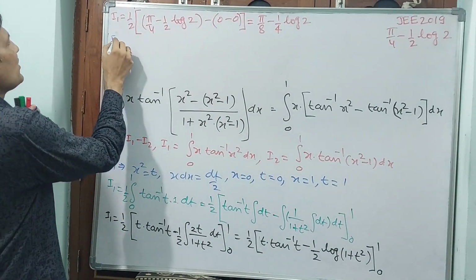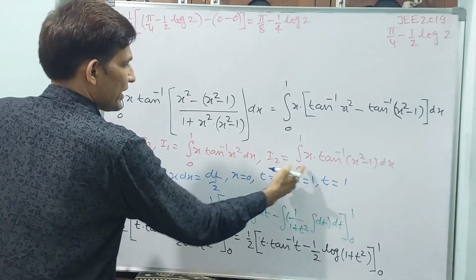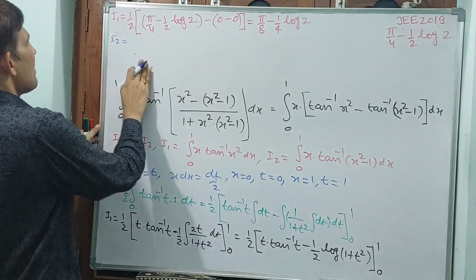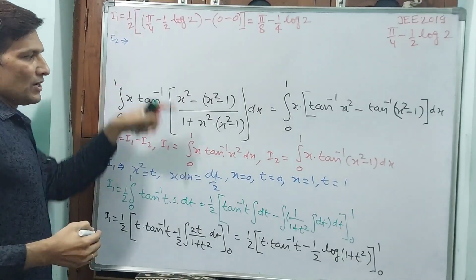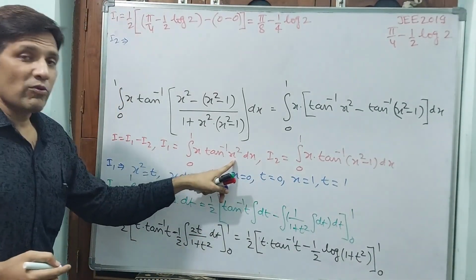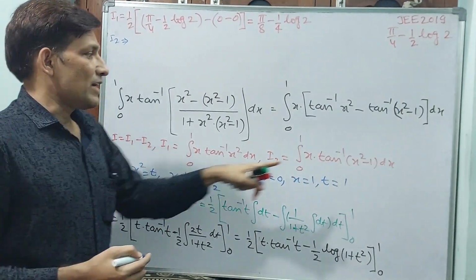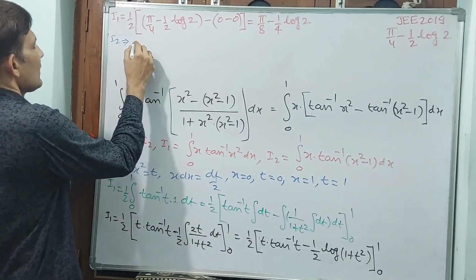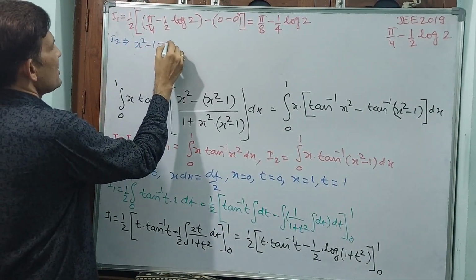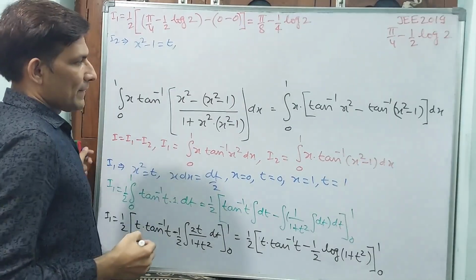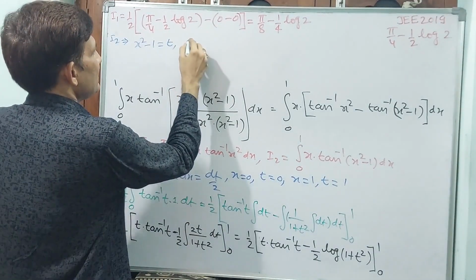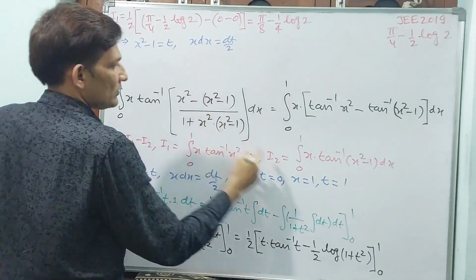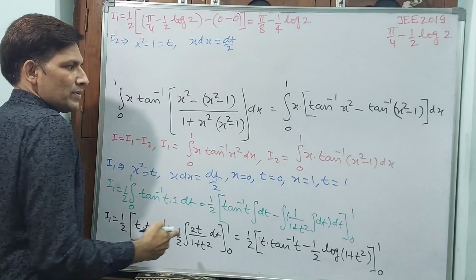Now we are going for I2. Write down I2, integral 0 to 1. See, for I1 we took x square as t. For I2 I am taking x square minus 1 as t. x square minus 1 is equal to t. Again, x dx is equal to dt by 2 here also, 2x dx is equal to dt.